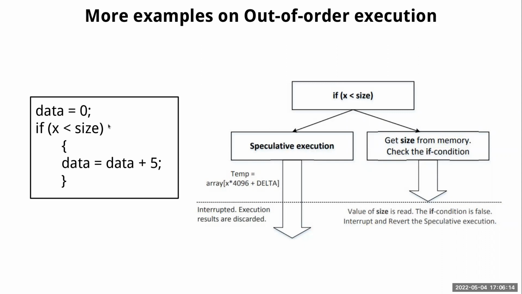So let's say the CPU guesses we're going to take this branch. Then the CPU will do out-of-order execution to execute what is here: data equals data plus 5. At the same time, the CPU will try to retrieve the data from memory into the variable size and compare.